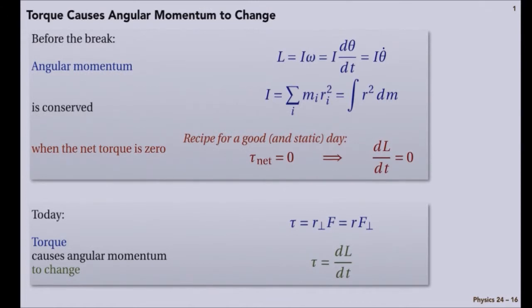Or you can choose instead to resolve the force into the component perpendicular to that distance from the axis, that vector. And either one gives you the same expression for the torque. And today's theme is that torque causes a change in angular momentum.